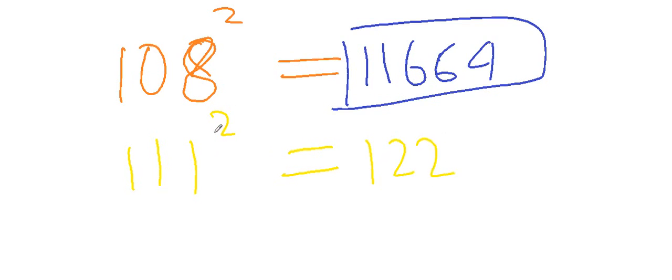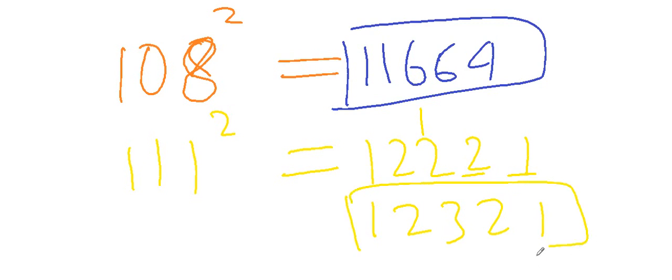After that, the square of 11 is 121. Because we have only two spaces here, we carry 1, then 2, then 1. So our answer is 12321. Simple, isn't it?